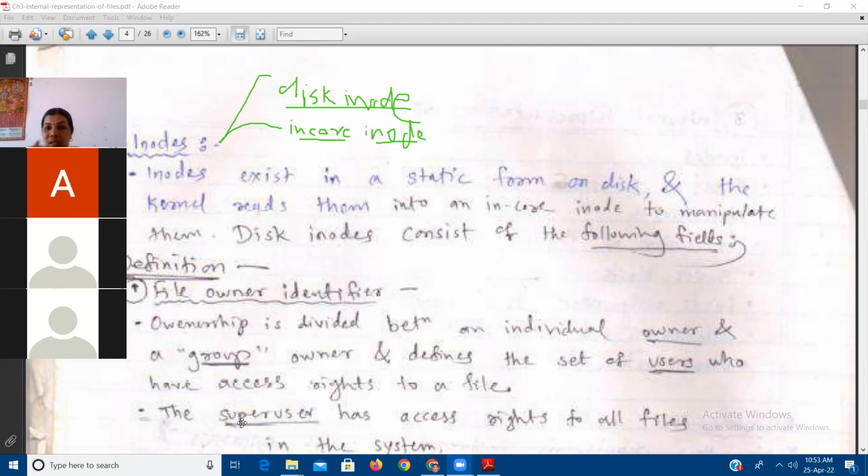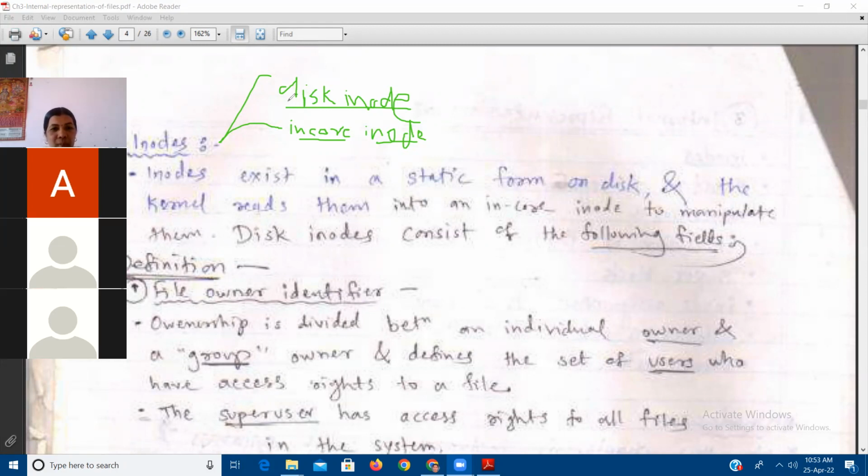So that inode is called an in-core inode. So everybody got the clear idea about disk inode and in-core inode? Yes, ma'am. Okay, so can we proceed further? Yes, ma'am. Okay.